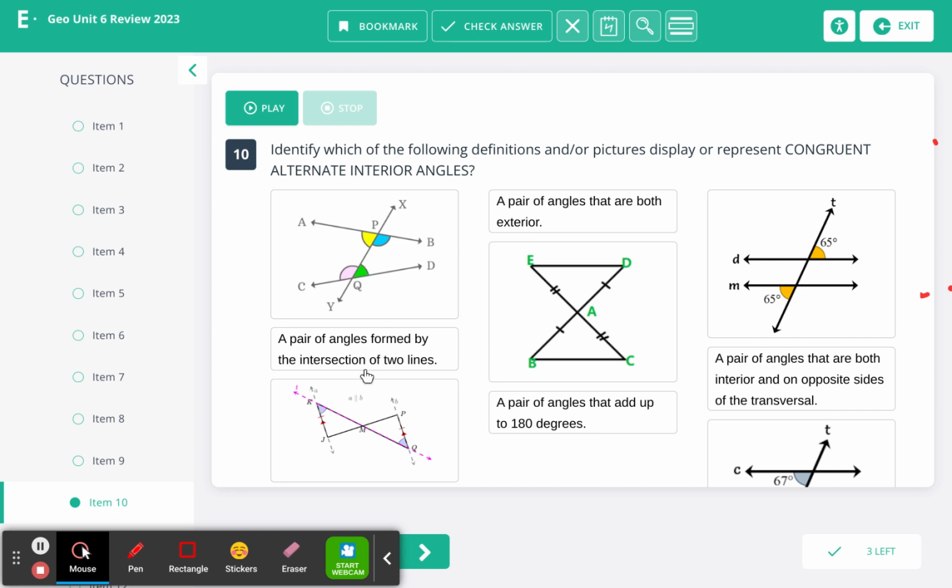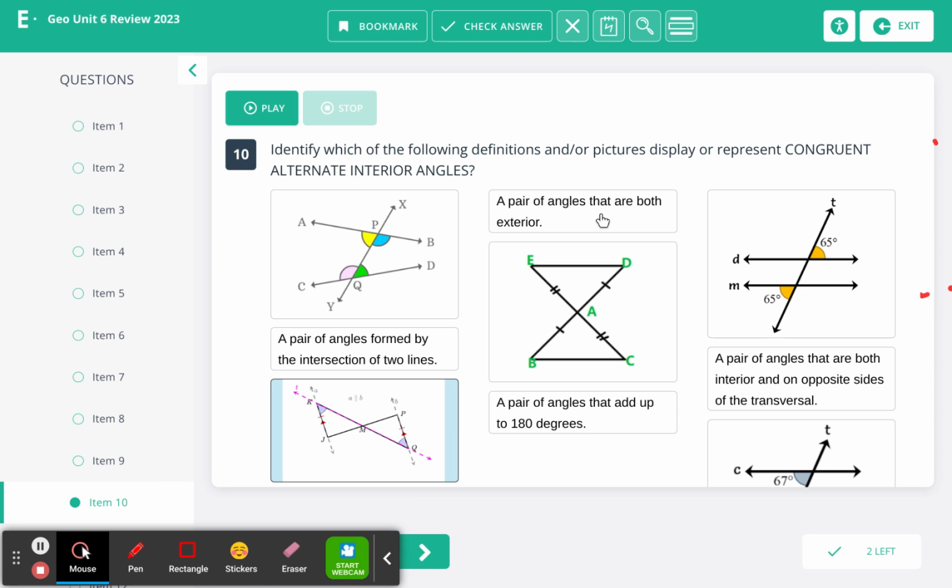A pair of angles formed by the intersection of two lines. Nope, that's just, again, could be corresponding angles, could be alternate exterior. It's not specific enough. This third one works. These purple angles that are marked are alternate interior, and we have parallel sides there on the ends.